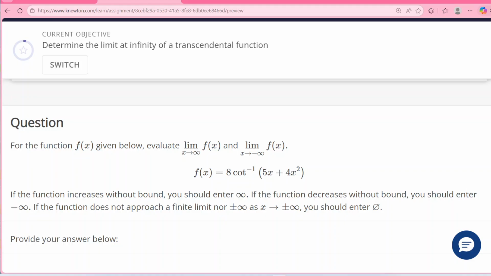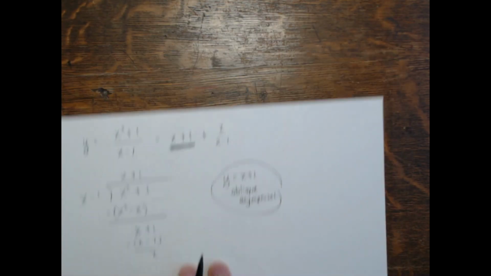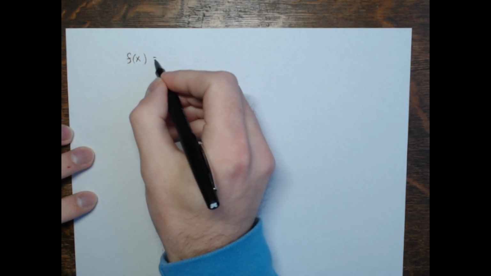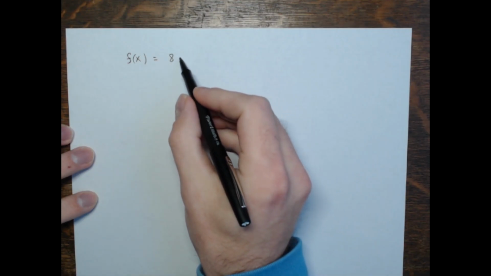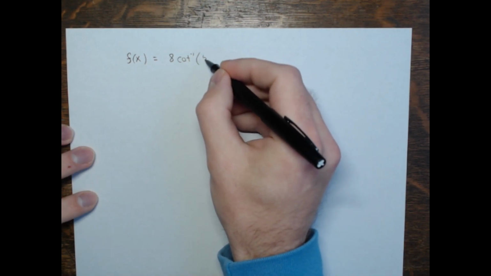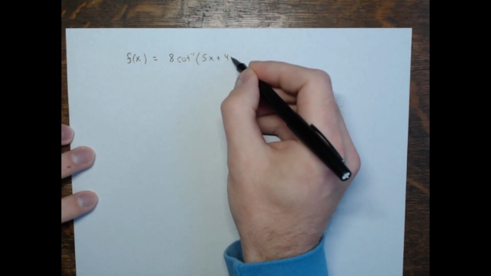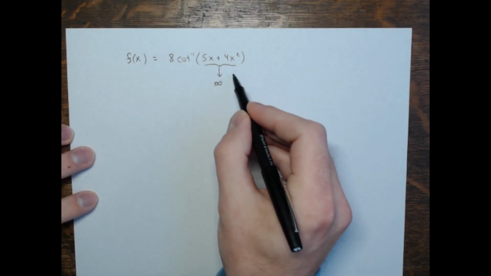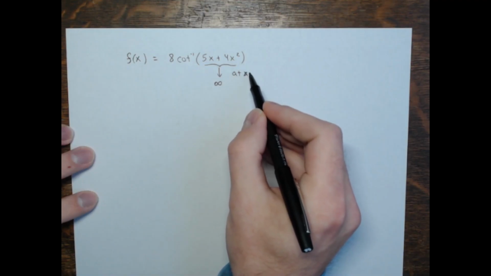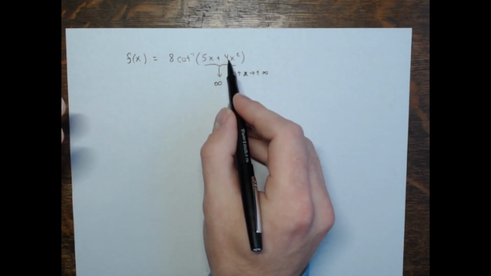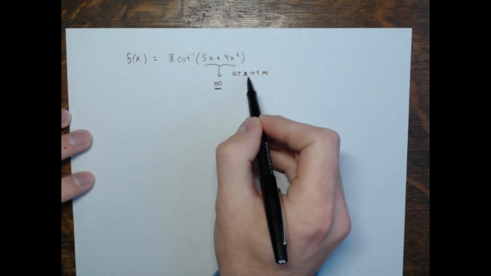The function we're given here is 8 times the inverse cotangent of 5x plus 4x squared. So this would be approaching infinity as x goes to positive or negative infinity. This is a polynomial with degree 2 and a positive coefficient, so it's getting large positive on both ends.